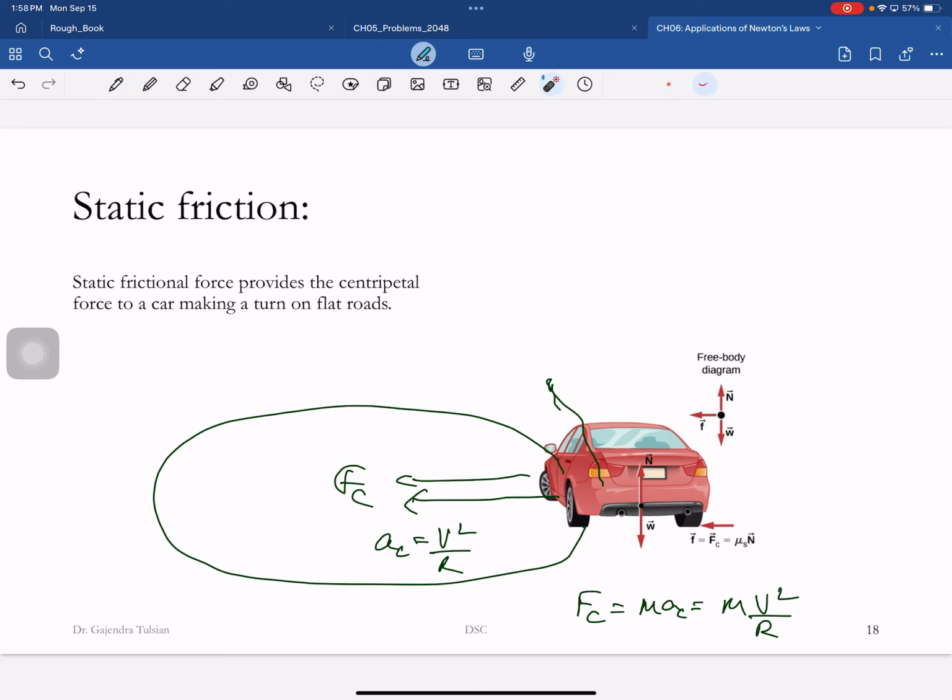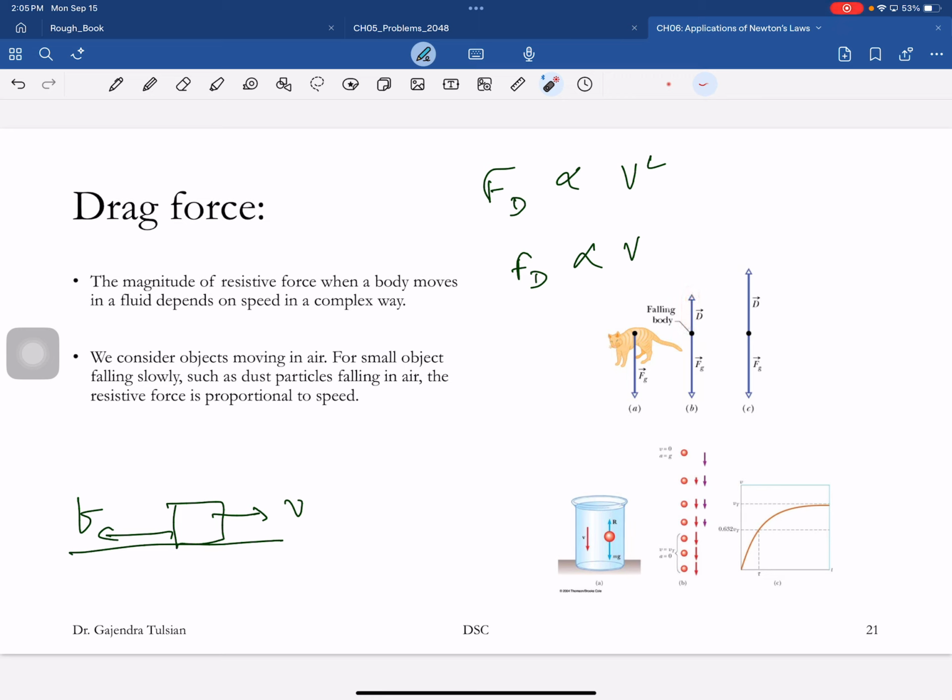As long as this force is smaller than the force of gravity, the cat will keep accelerating and speed up. Eventually, this will equal the force of gravity, and now it's not accelerating anymore. So the cat has reached terminal velocity.